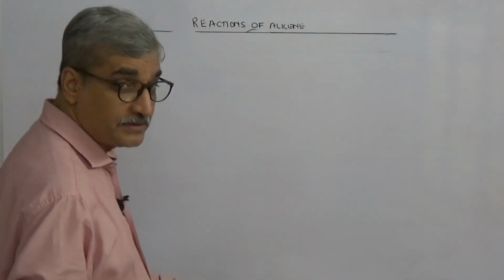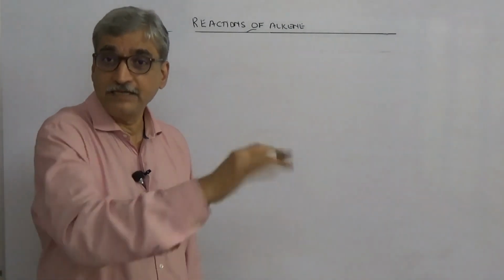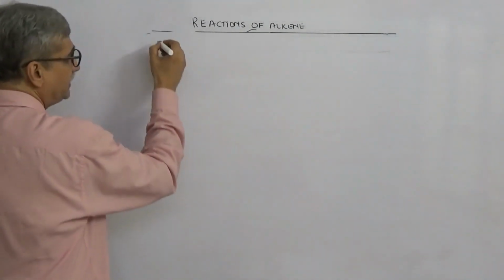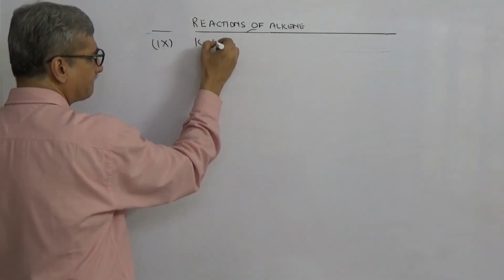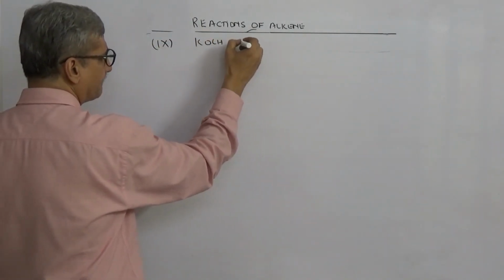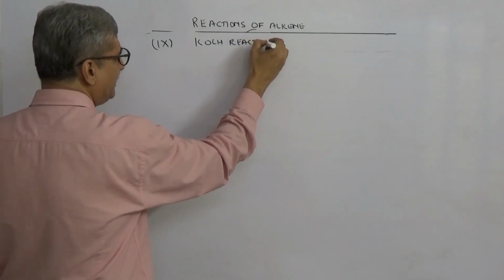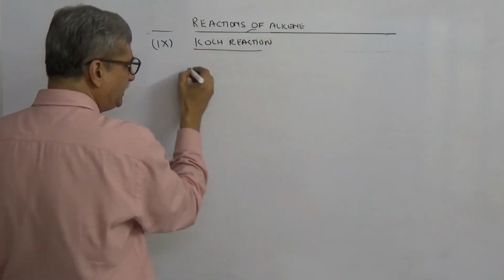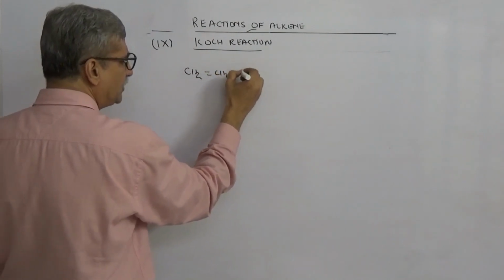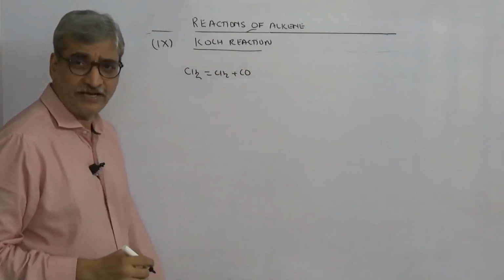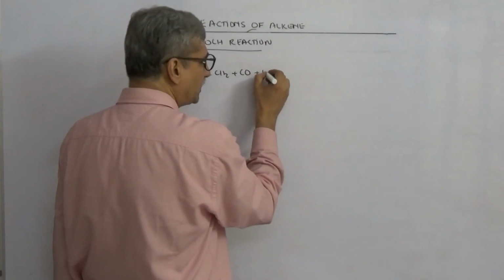Now we saw how we can directly form an aldehyde straight away. Similarly, when we come to the Koch reaction, it's the same, only when you take an alkene CH2=CH2, you take carbon monoxide with water instead of hydrogen.